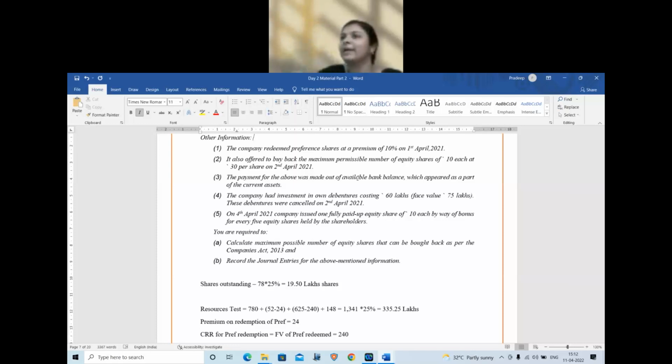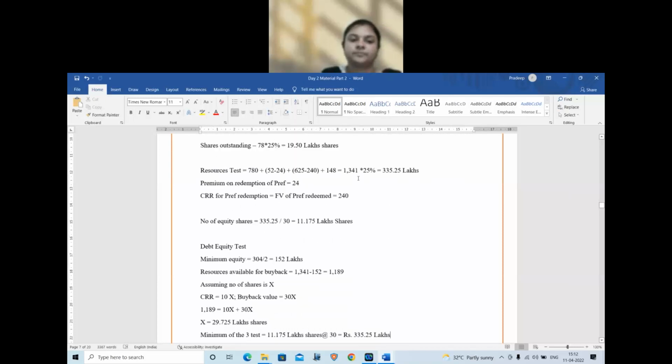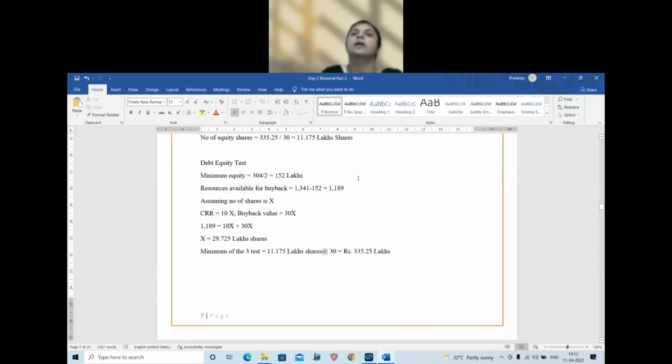Because the date is prior, we need to consider as if the preference redemption is completed. So that was the only crux of this question. Clear, friends? So this summarizes buyback of securities. Any doubts in the chapter? Clear with this, friends online?